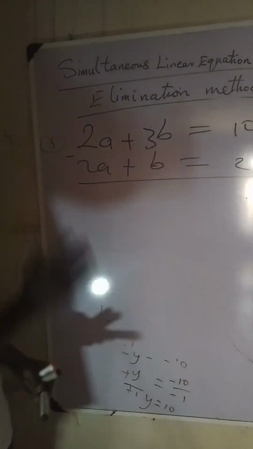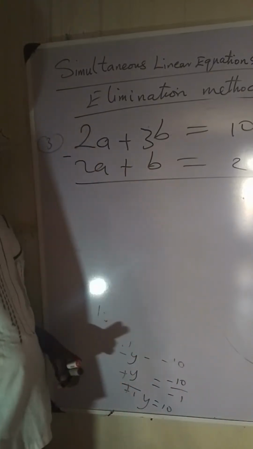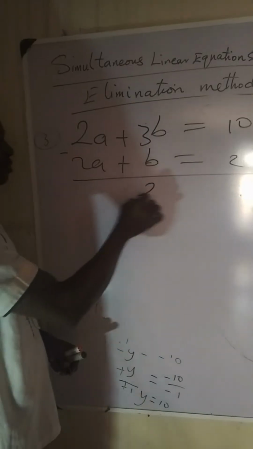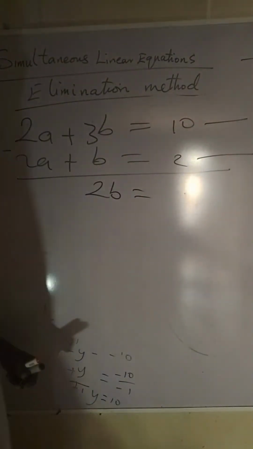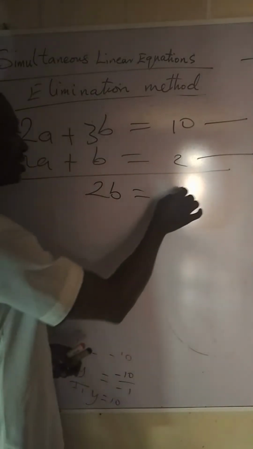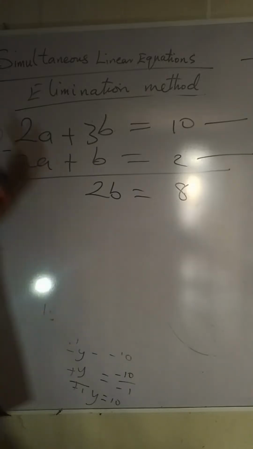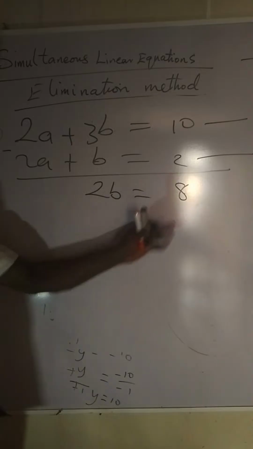So let us subtract directly and say 2a minus 2a will give us 0. We may not need to write it. 3b minus b will give us 2b. And that is equal to 10 minus 2, which will give us 8. So this is what we will get when we have completely eliminated A. We are solving for B now.